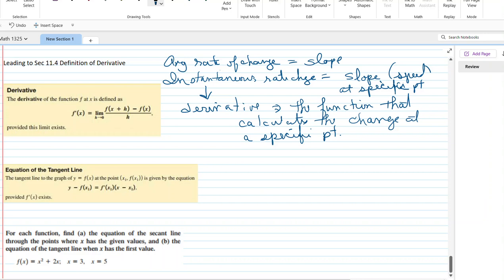Now, let's talk about a tangent line. So if I have a parabola, a tangent line at this point would be the line that just touches it at one point, at some x, y.